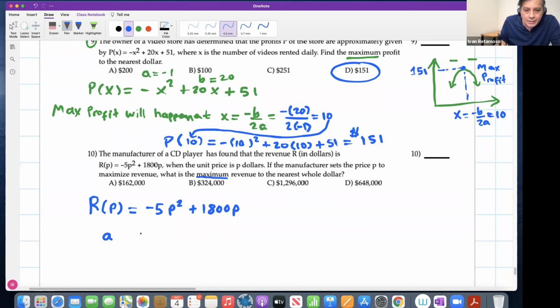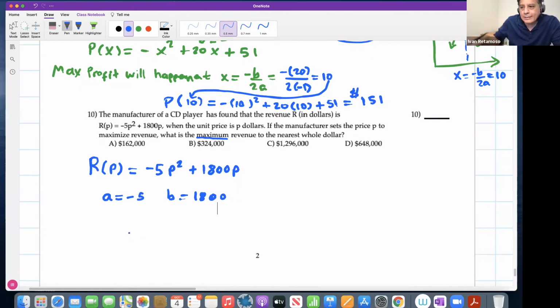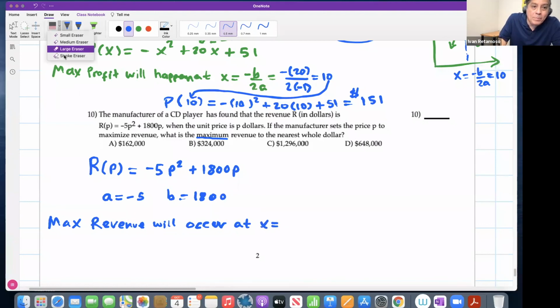A equal -5, B equal 1,800. And now we know that this maximum revenue will occur at x equal, or in this case, to be formal, at P equal, right?